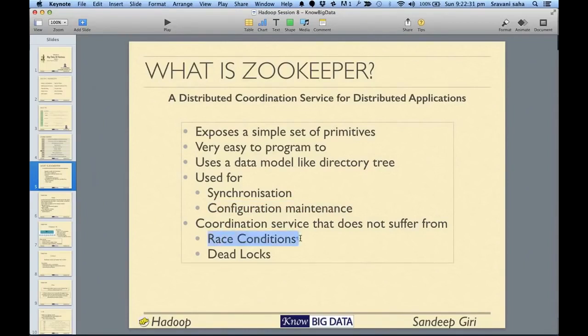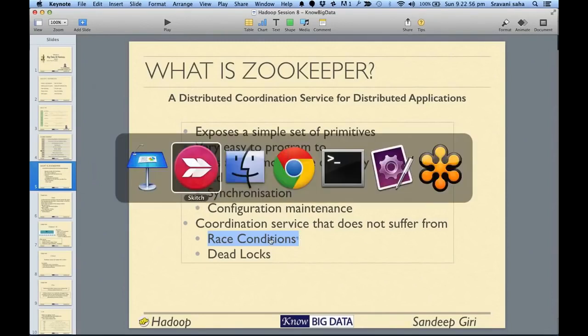The deadlock is a different scenario and race condition is a different scenario.